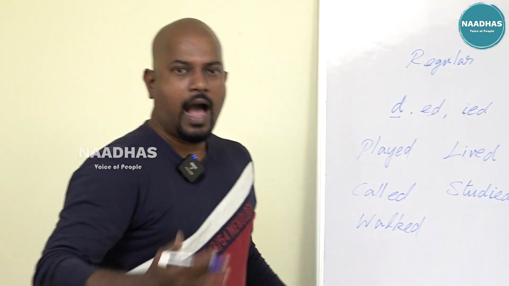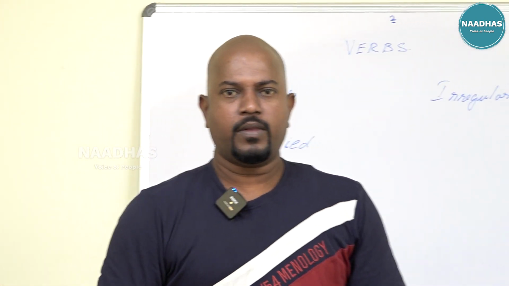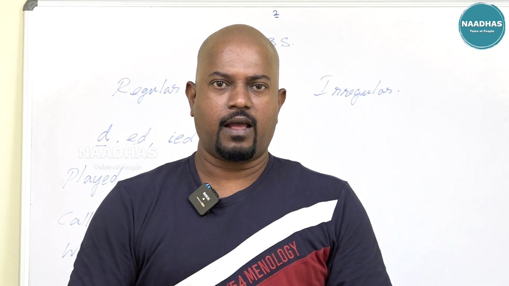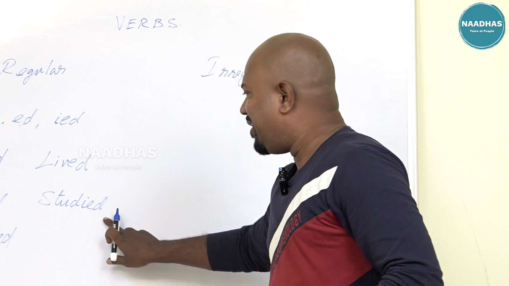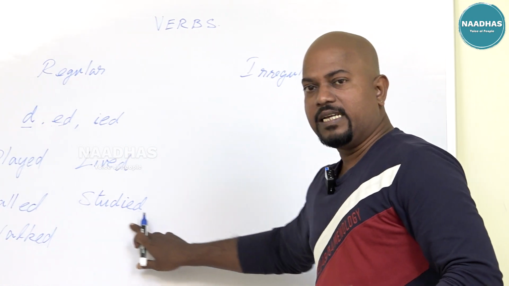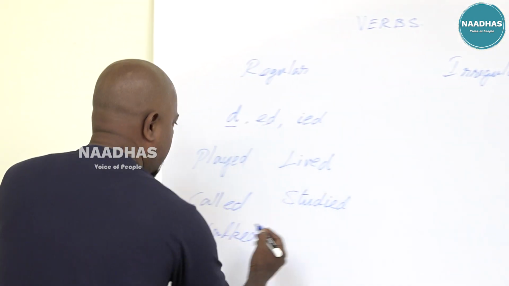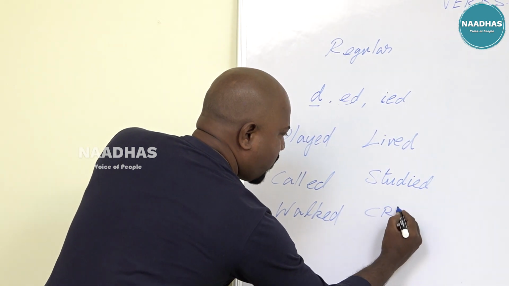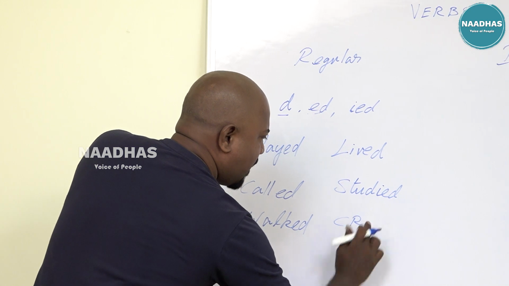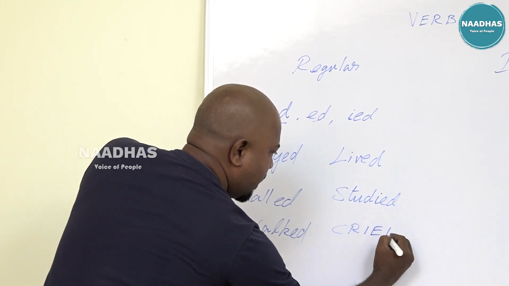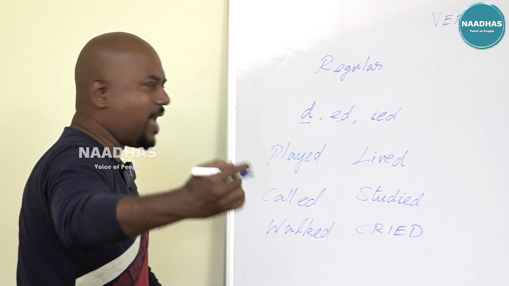I study English means present. I'm studying English, I study English. When I add IED, it becomes studied, all right? So, cry, C-R-Y, the baby cry, or when I add IED, cried, it becomes the past tense.